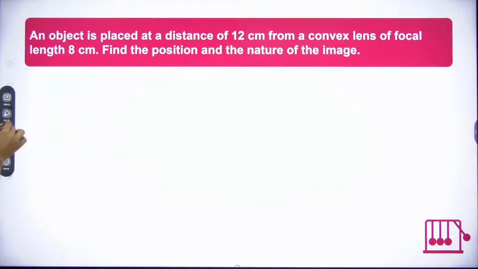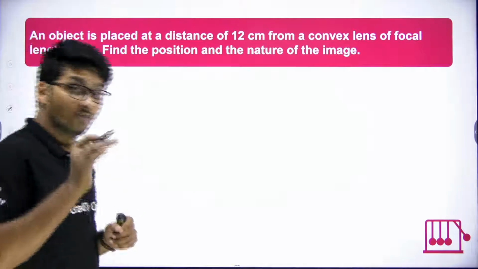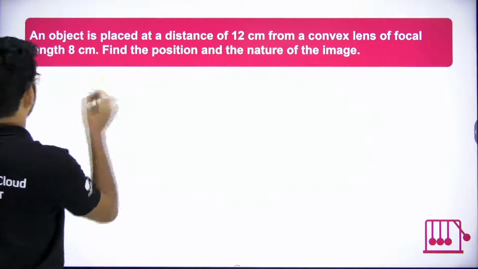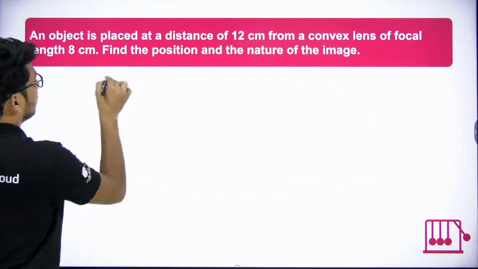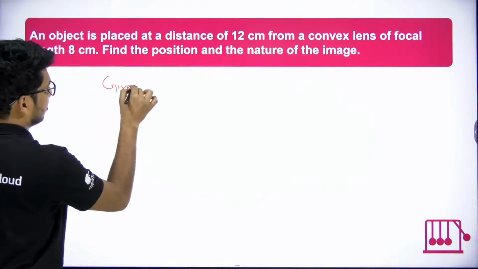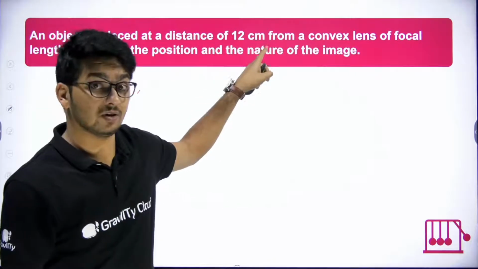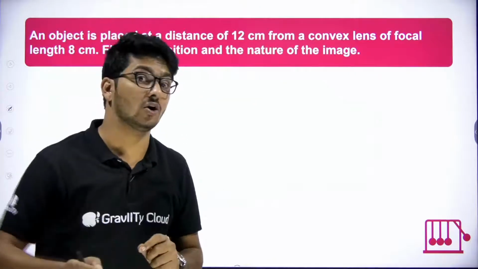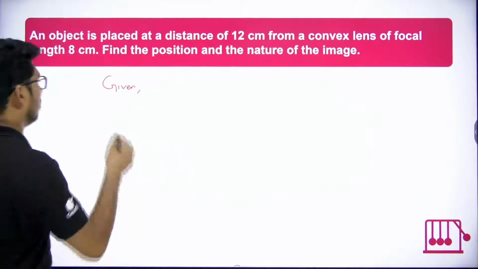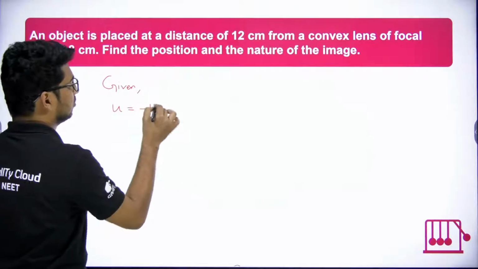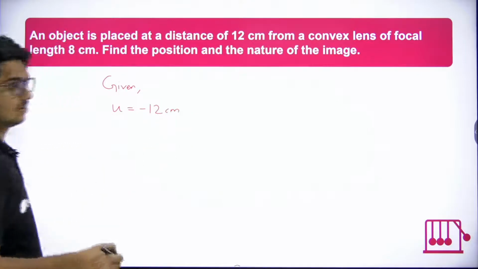As I told you, the first step in these cases will be to write down the given information. So what is given here? The object distance is given as 12 centimeter, and we know that object distance is always negative for a real object. So u is equal to minus 12 centimeter.